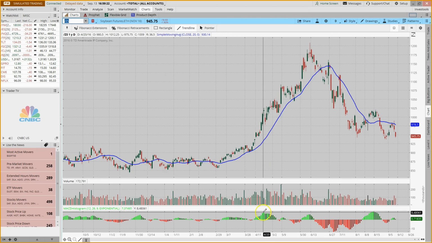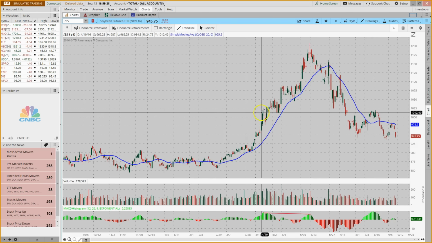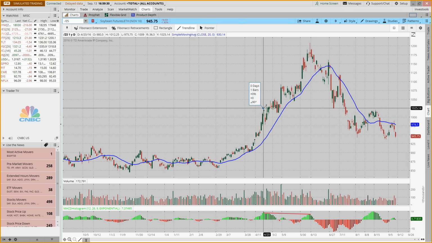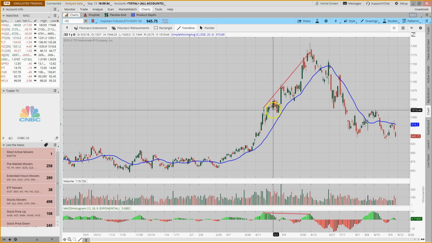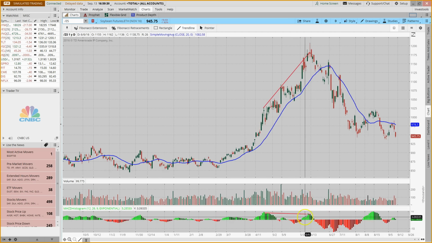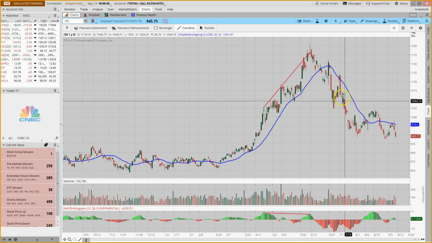If we look at this peak here to here, let's pick those same two peaks, here to here. Look at the difference. Look what soybeans was doing and look what the MACD was doing. That was a heads up, and look what followed.